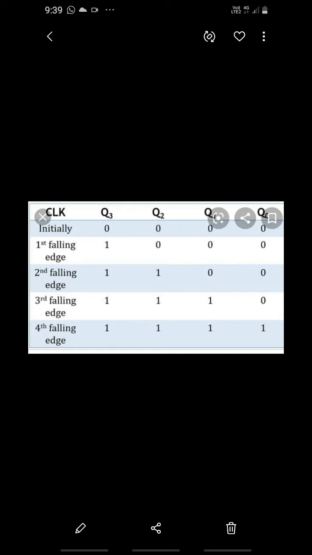So here this is 1 and this one is 1 and this is 1 and this is 1. At the next, second clock pulse, again 1, 1, again 1.